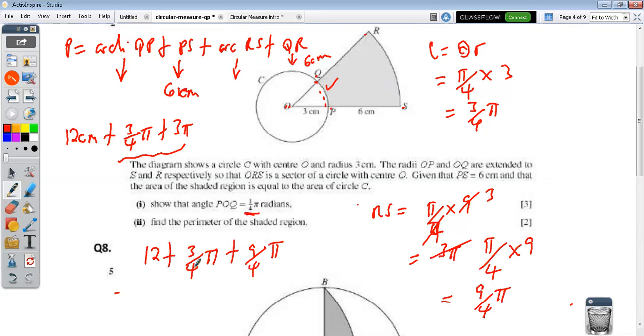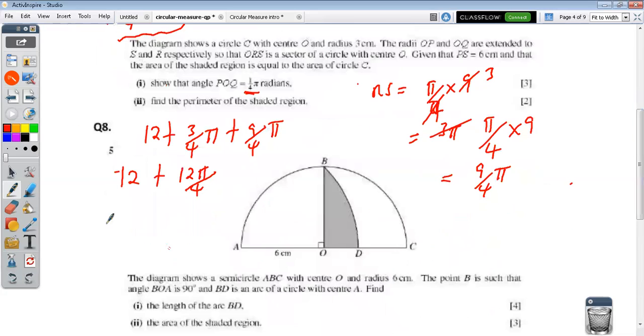Same denominator, over 4: 3 plus 9 gives 12 pi over 4, and if you divide, you get 3 pi. So the final answer is 12 plus 3 pi.